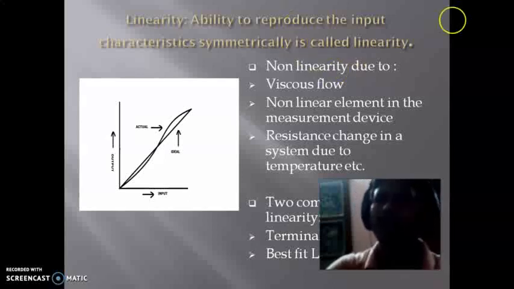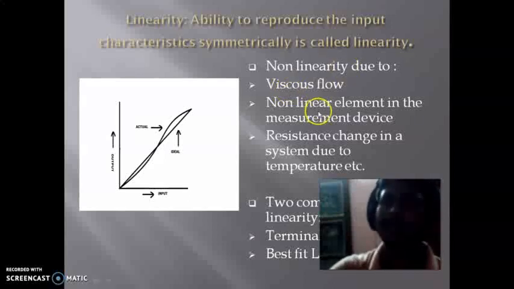For a flow meter, if we try to measure the flow of a particular liquid or gas, then due to many reasons the flow will change, and due to the change in viscosity we will not get the exact linear curve. We will obviously get some non-linear curve.